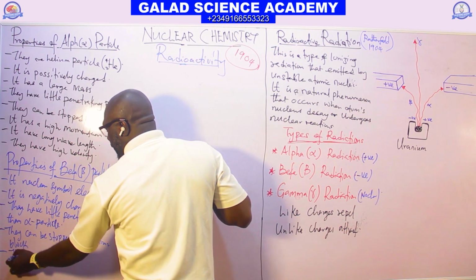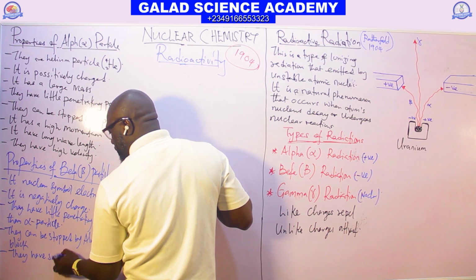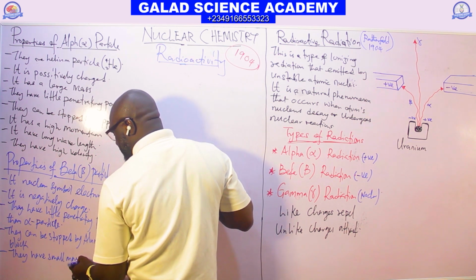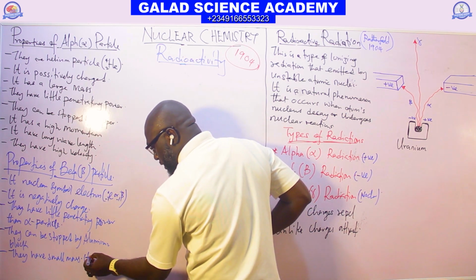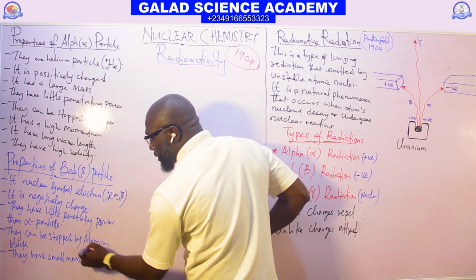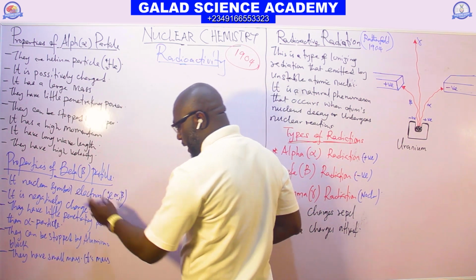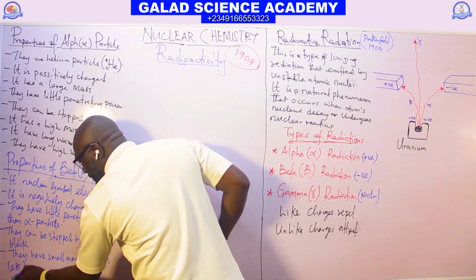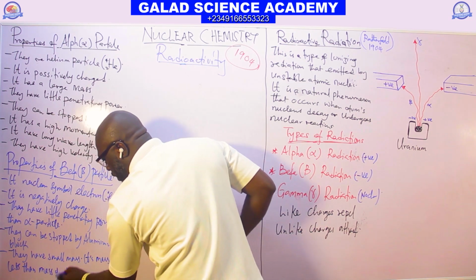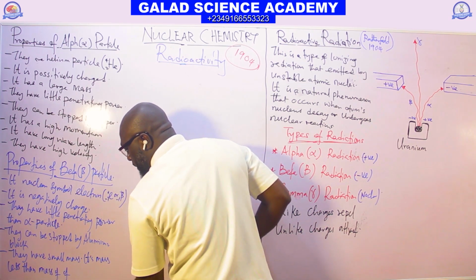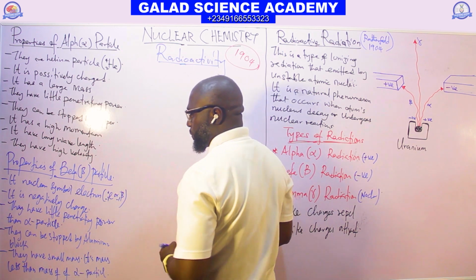Next, they have small mass, and its mass is less than the mass of the alpha particle.